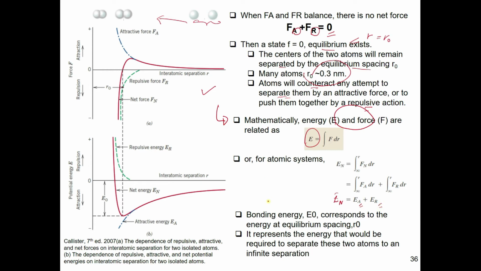When it reaches R naught, the equilibrium state, the net energy there is referred to as the bonding energy. This bonding energy is the energy required to separate these two atoms to an infinite separation. So it is the energy needed for the bonding to form, and it is also the energy needed to separate the atoms. This is the graph of the energy relation with the interatomic separation, and you see here this is the net energy, which is equal to the bonding energy.